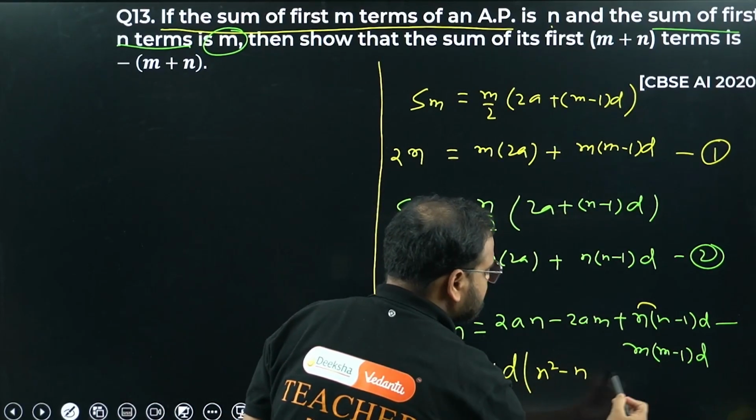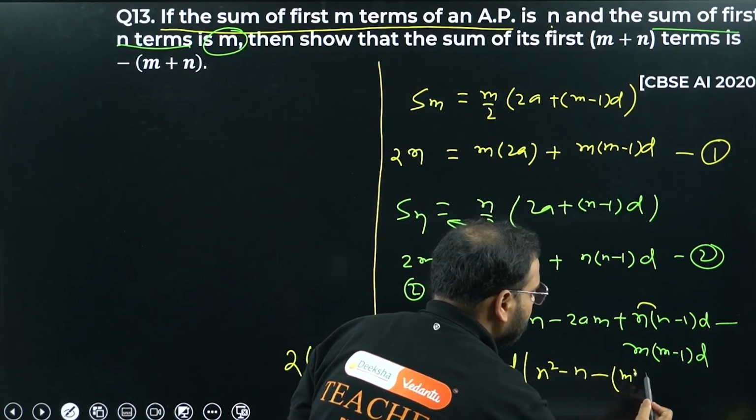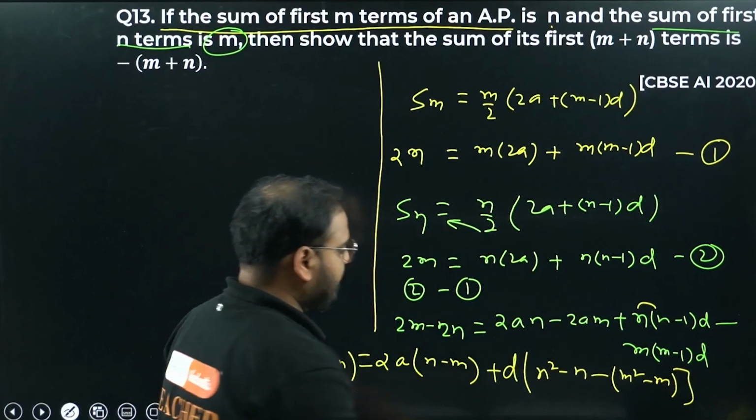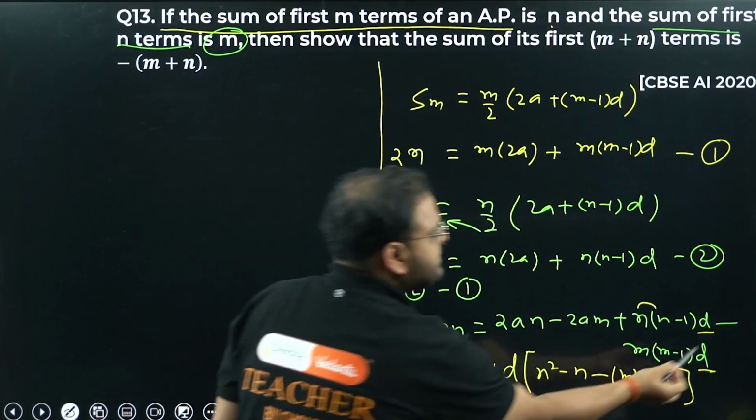There's a minus sign, so let's put a minus sign over here. What I get is m square minus m. I've taken d common. This minus sign I've kept as it is.